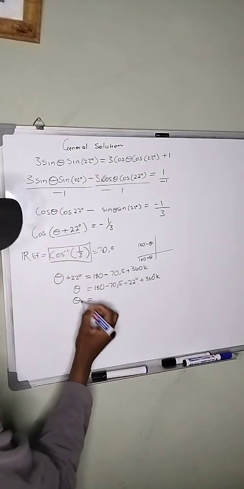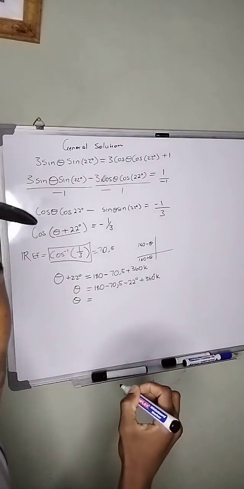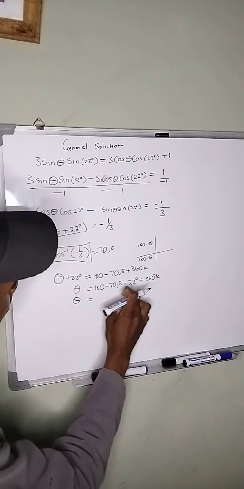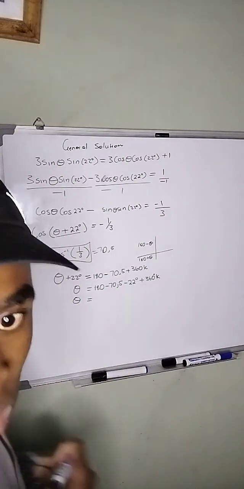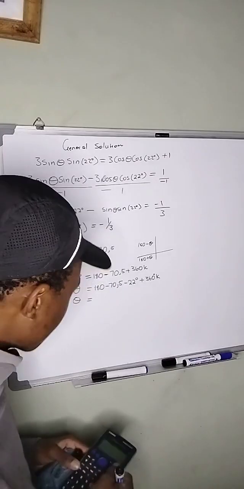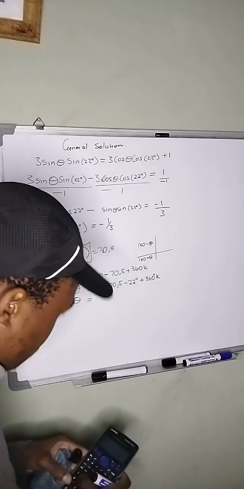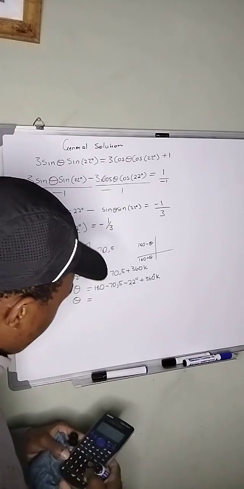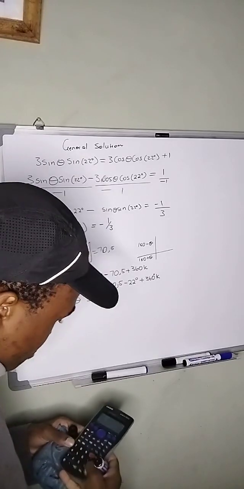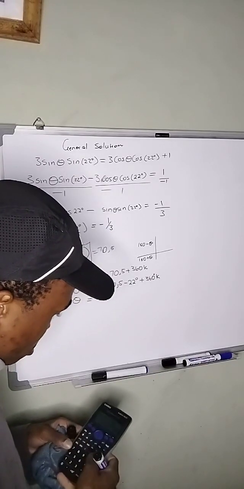Then what's going to be the solution? The solution is going to be 180 minus 70,5 minus 22. That's the first solution that we are going to get. 180 minus 70,5 minus 22.